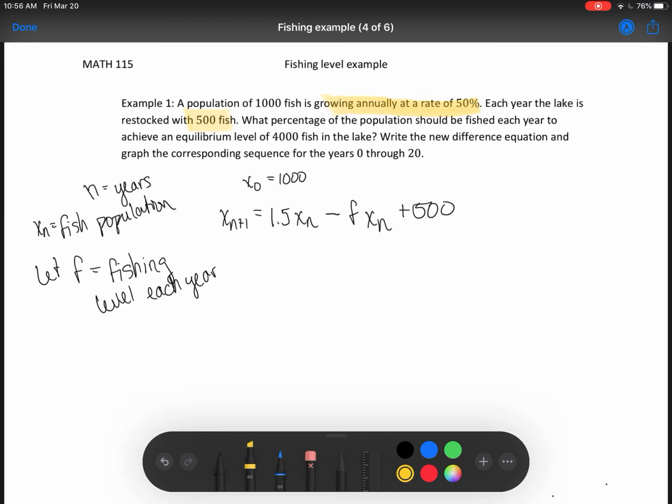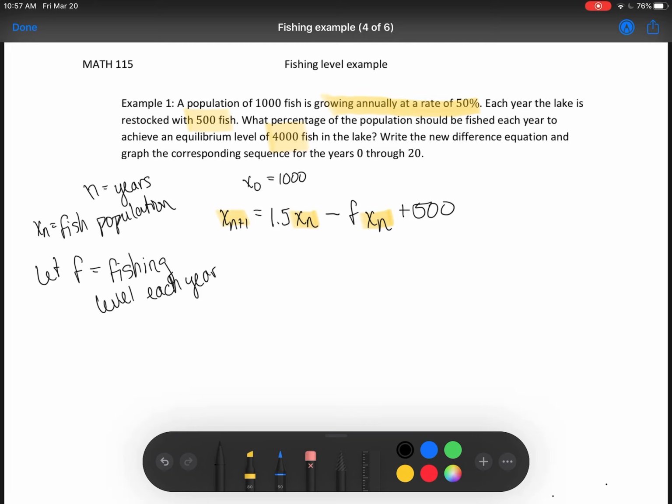All right, now we're trying to get to this equilibrium level of 4,000 fish. So instead of trying to solve for the equilibrium level, we are going to force the equilibrium level to be 4,000. And the way that we do that is to replace x sub n plus 1, x sub n, all of those in our equation with the value of 4,000.